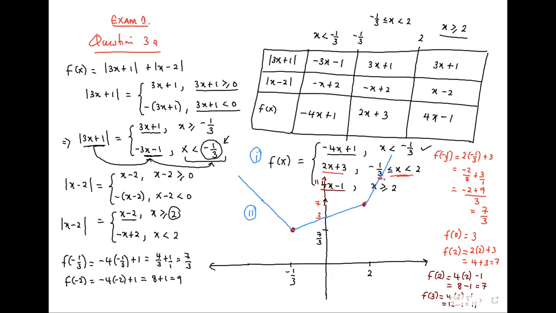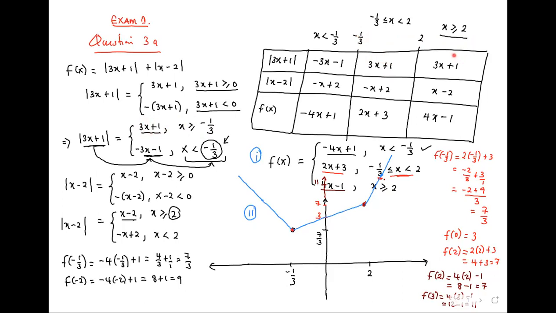We have redefined this function in pieces. The piece 3x plus 1 in the modulus has been defined as 3x plus 1 only when x is greater or equal to negative 1 over 3. So on the table, negative 1 over 3 is here. Going this side, this function has been defined as 3x plus 1.